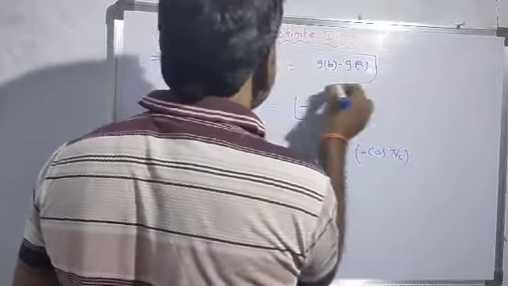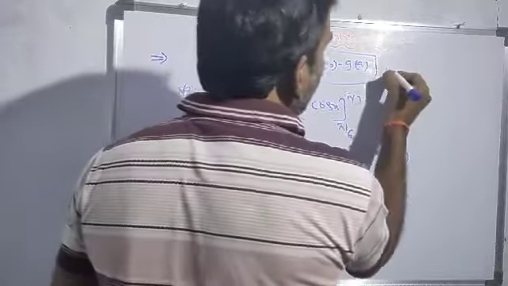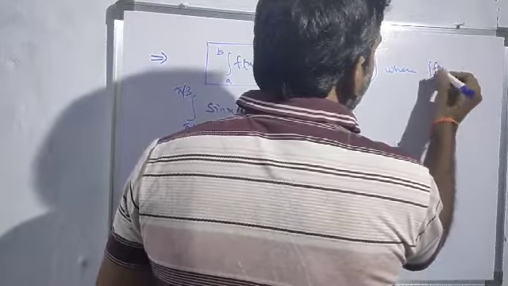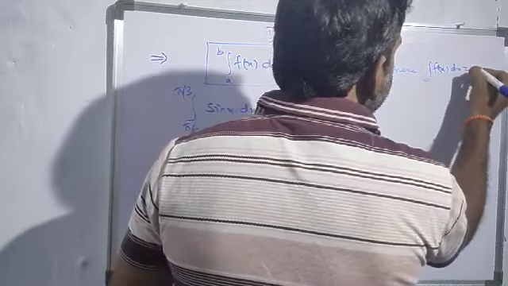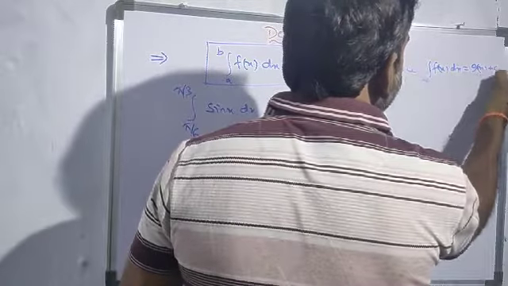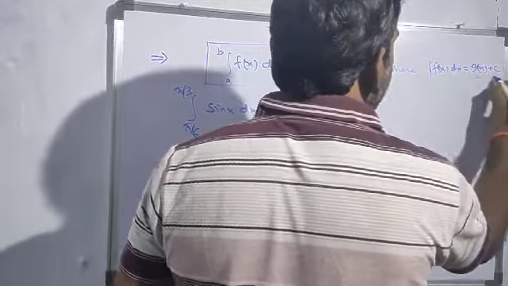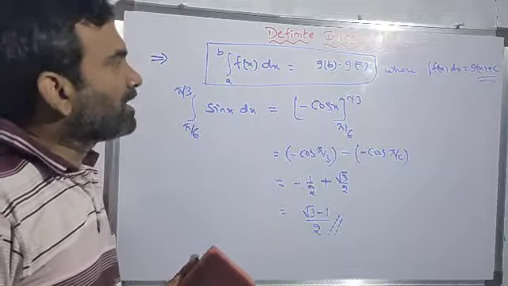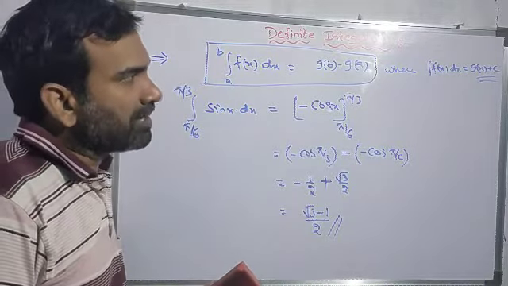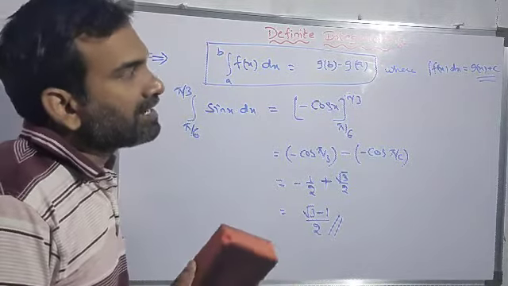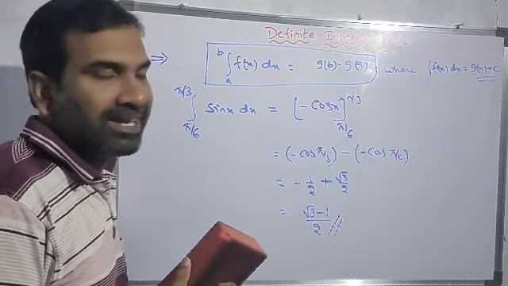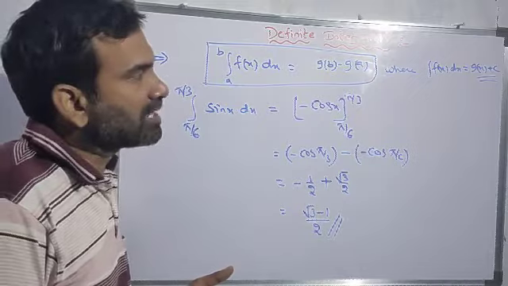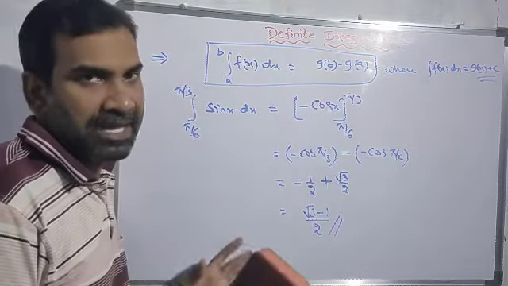This is our fundamental theorem: the integral of f of x dx equals g of x plus c, and the integral from a to b of f of x dx equals g of b minus g of a. If you like, you can also take it as capital F of x plus c.